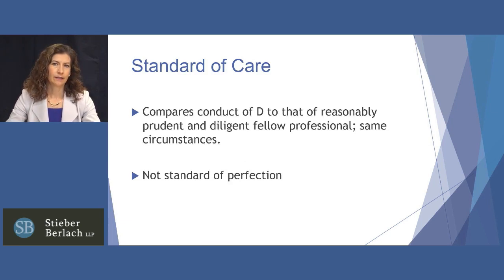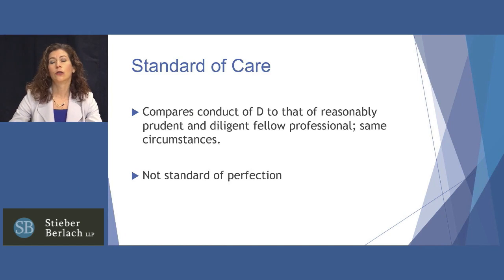So when we're looking at the standard of care, and today we'll be focusing in particular on professional liability cases, the conduct of the defendant is compared to the conduct of a reasonably prudent and diligent fellow professional acting under the same circumstances. By that, we mean we're looking at somebody operating in more or less the same environment, in the same time and space.